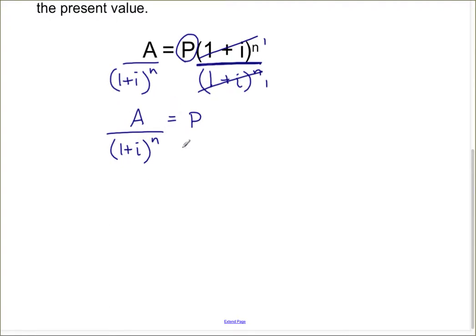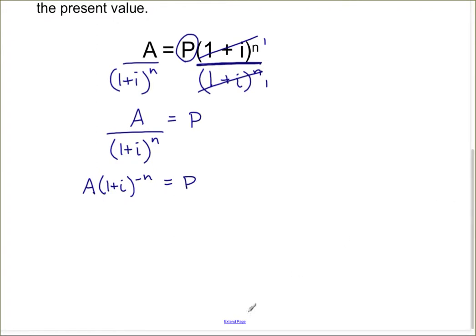It's actually a little easier to plug into the calculator if I do that, if I move this to the top and give it a negative n. So this is A times 1 plus i to the negative n equals P.